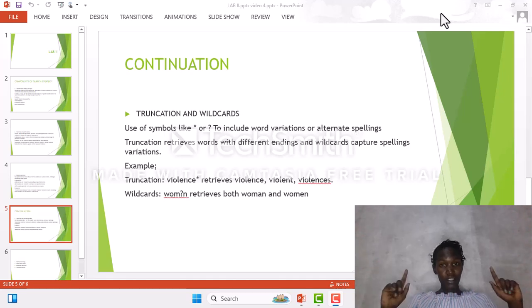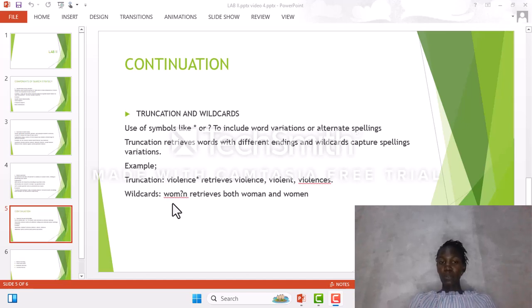Hope we are getting it. For example, we have truncation on violence, which retrieves violence, violent, and violences. Then wildcard, this word, if you can pronounce it, I pronounce it as woman. It retrieves both woman and women.